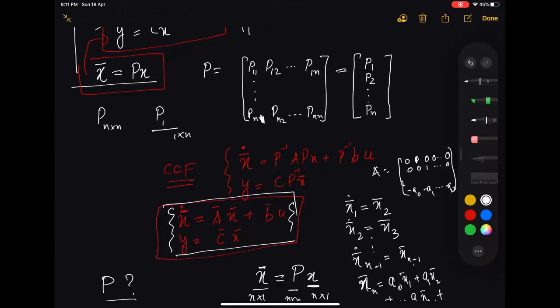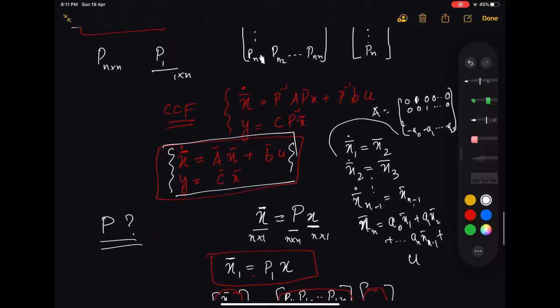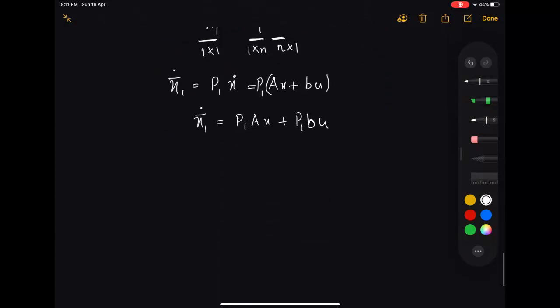So because of the A matrix, you can write these equations. Please remember these, because we'll be using them again and again. So what is our x1 bar dot? Our x1 bar dot is x2 bar, so x1 bar dot is x2 bar, which is equal to p1ax plus p1bu.